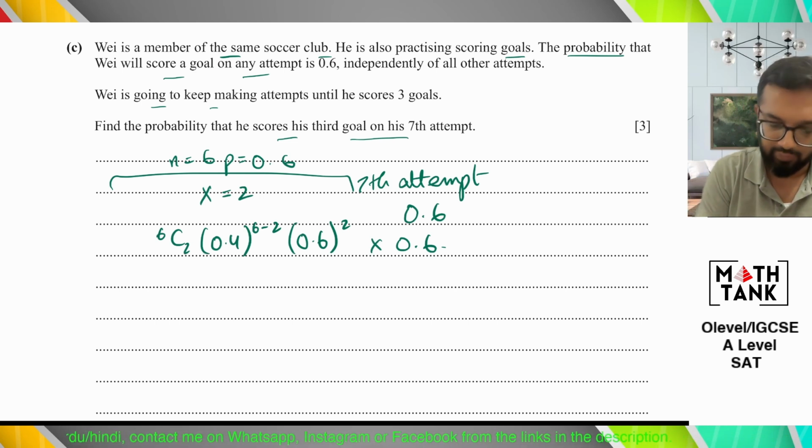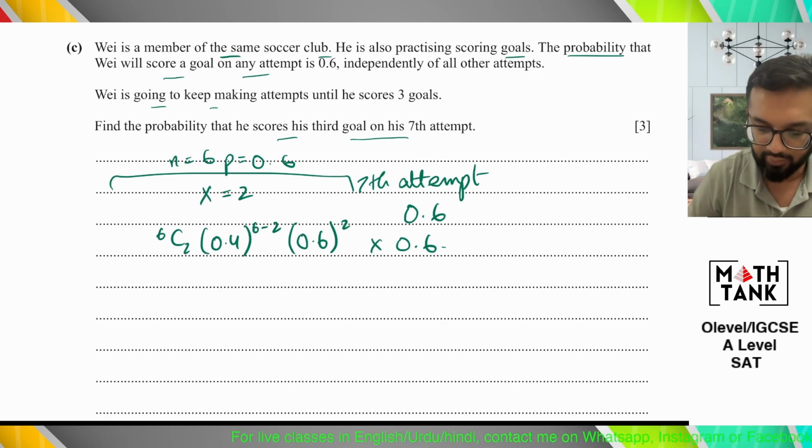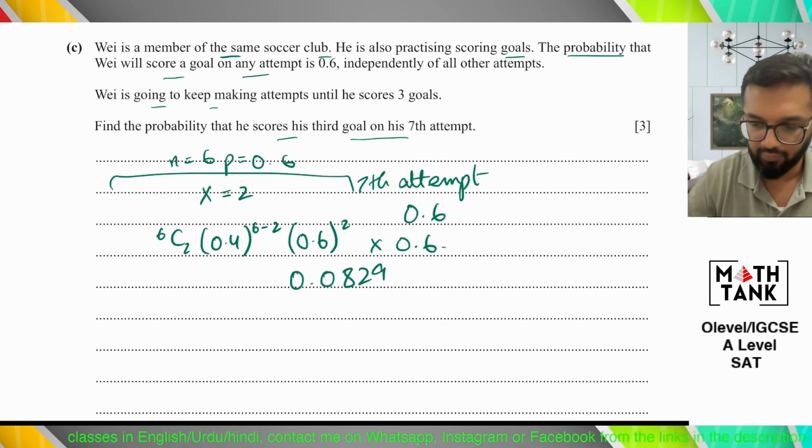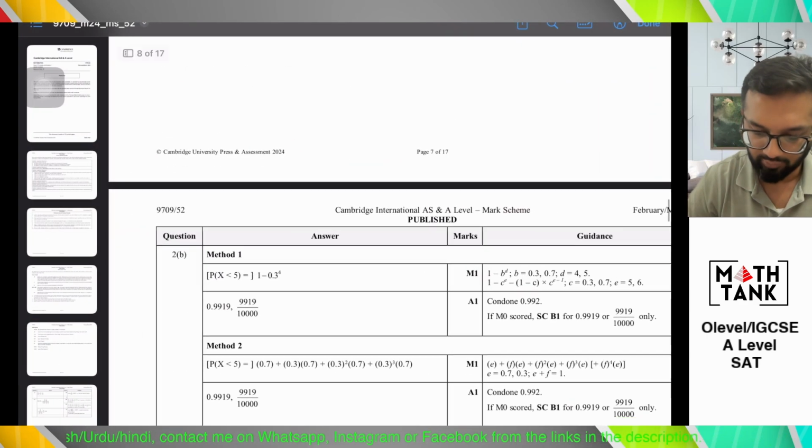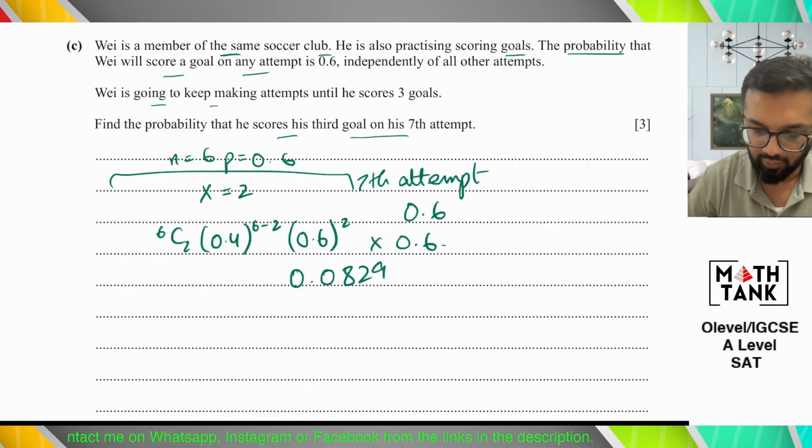So 6C2 is 6 times 5 over 2, 15, times 0.4 to the power 4, times 0.6 to the power 3, which gives approximately 0.08. Okay.